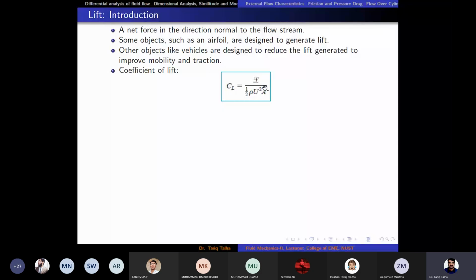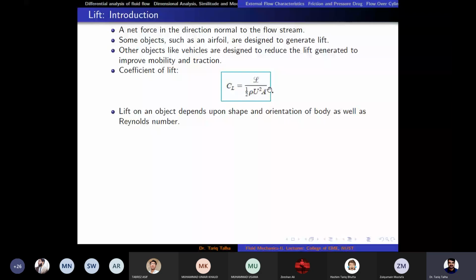Now this area depends on where the lift is being generated, and I will explain it in the coming slide. So just hold on this area. I haven't specified this area. For the CD, if we were talking about CD due to pressure drag, that was the frontal area. And when we talk about the CD due to friction drag, that was the surface area.